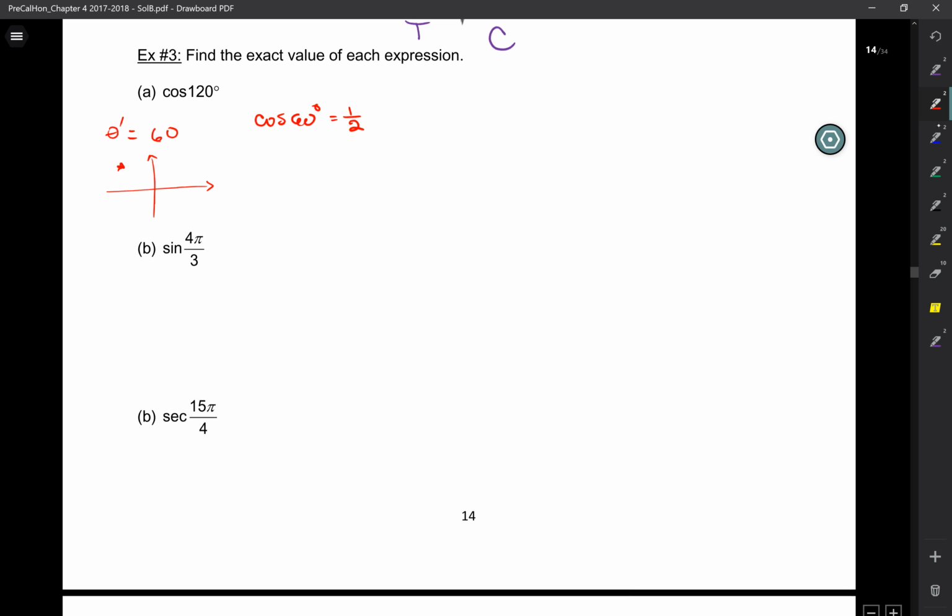Now, is my answer going to be positive or negative here? How much? Negative. So it's negative 1/2. Okay? Now, if you haven't already done so, go ahead and do the other two.